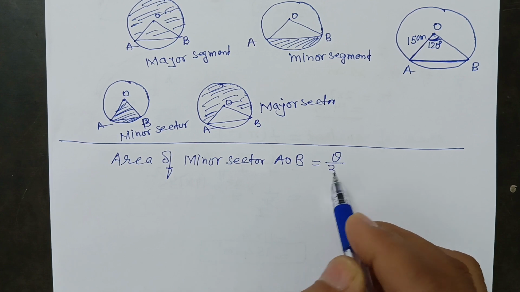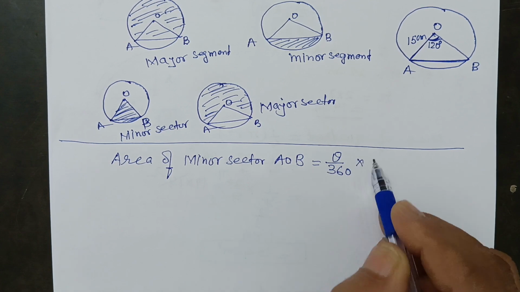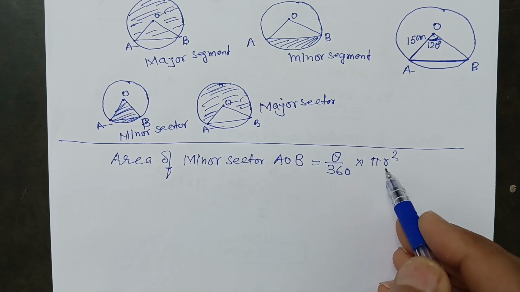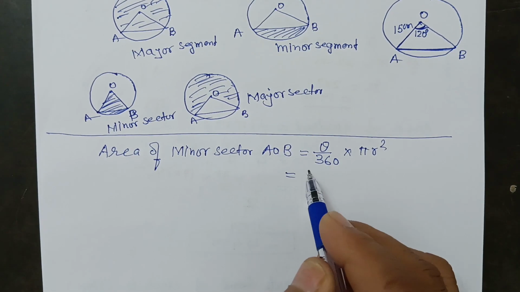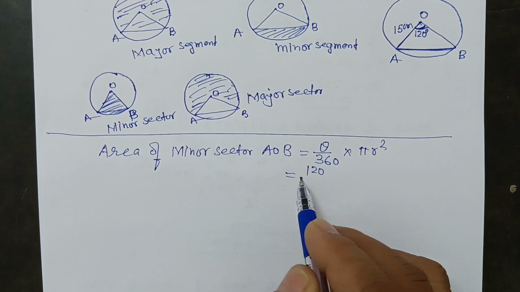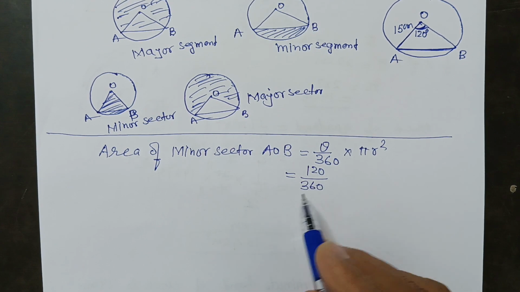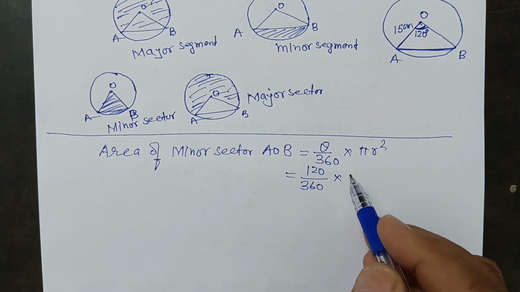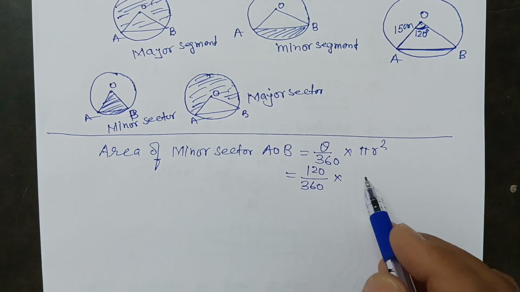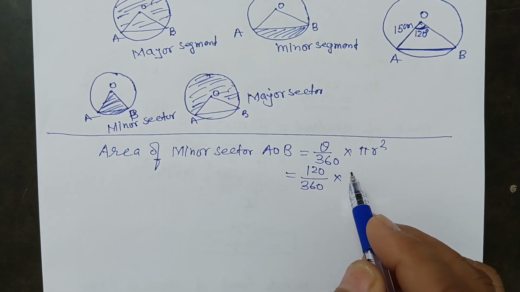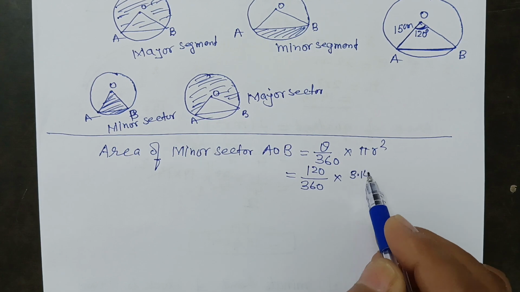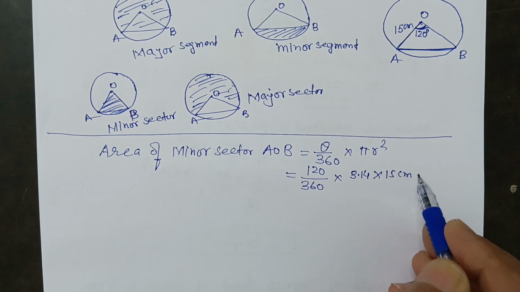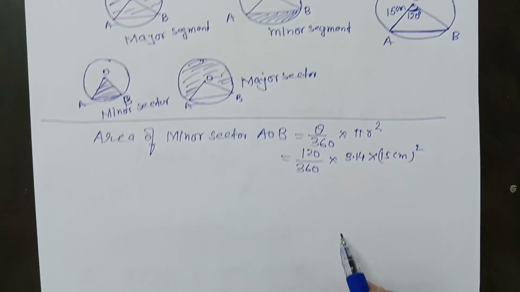Again you will use the same formula, theta upon 360 into pi r square. On substituting, theta is 120 degrees, and we substitute pi as 3.14, and the radius is 15 centimeter.